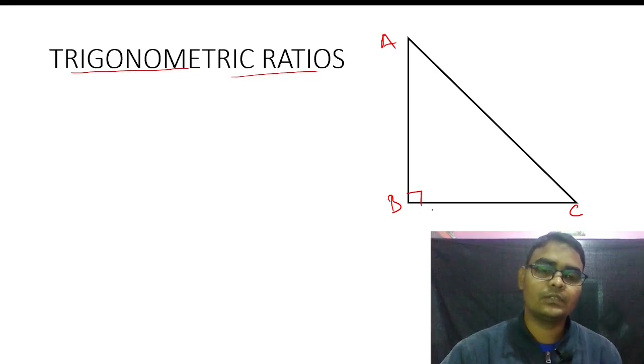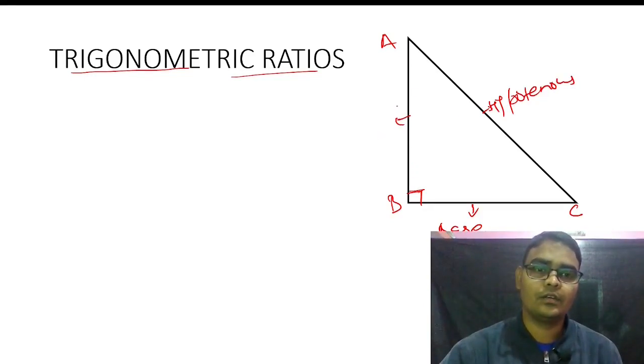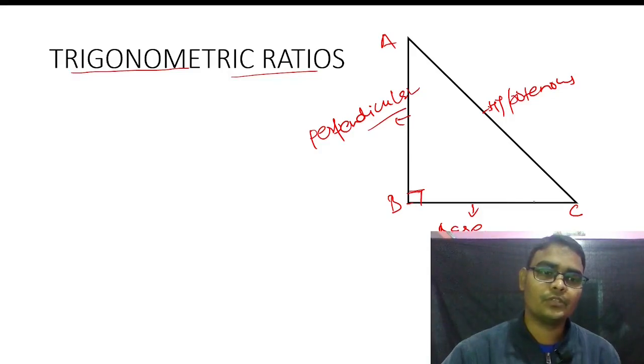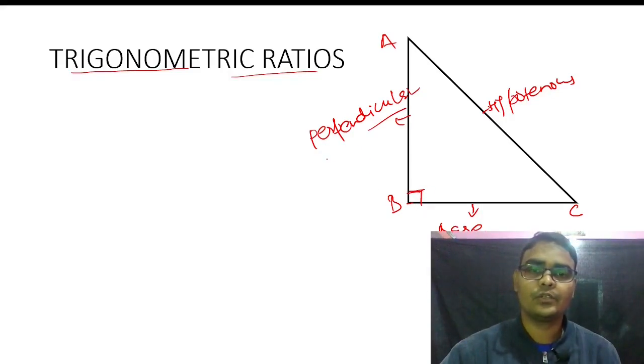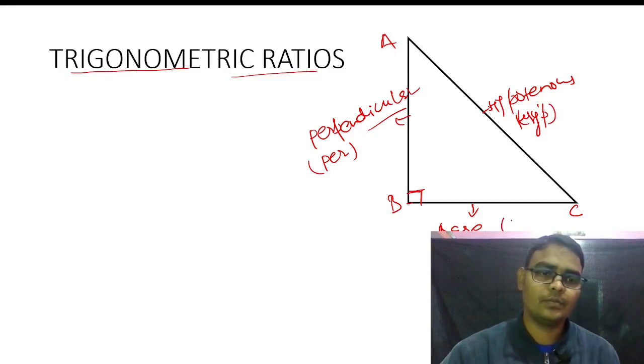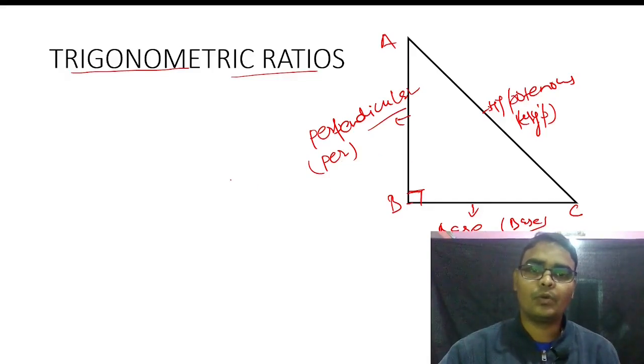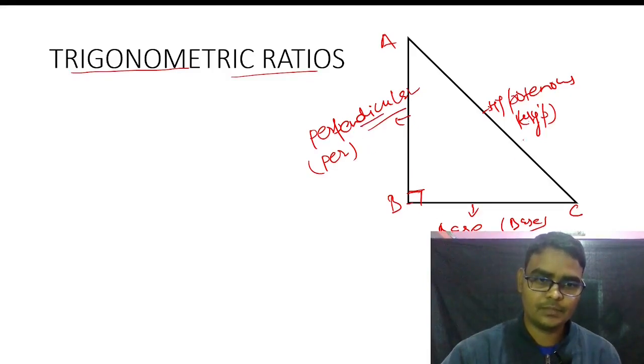As we know, the triangle lies on side BC, that is why it is called the base, and the side opposite to the 90 degree is called the hypotenuse. And AB is called the perpendicular, because AB stands on BC and makes 90 degrees. So we have seen that a triangle has three sides: one is perpendicular, second is base, and third is hypotenuse.